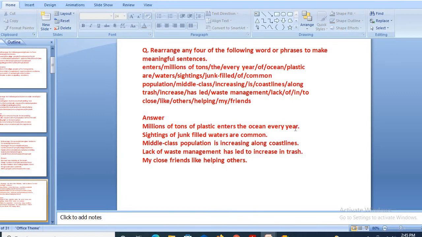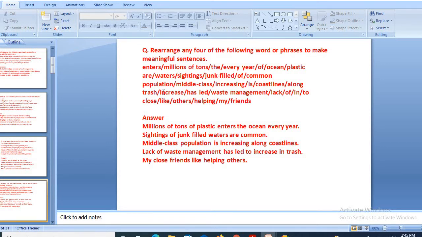This is something important. Millions of tons of plastic enters the ocean every year. Similarly, another one: population, middle class, increasing, is, coastlines, along. It is also written in a jumbled way, isn't it? So how to start?